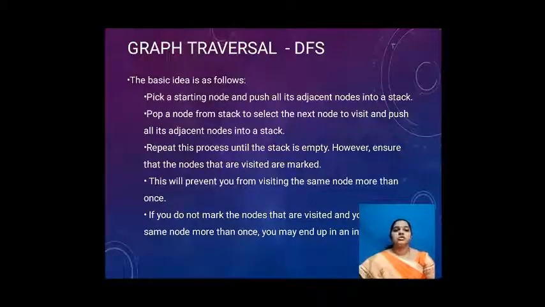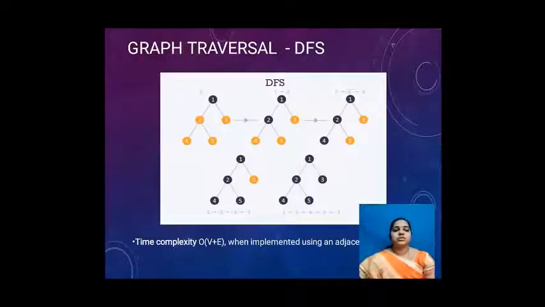Repeat this process until the stack is empty. We already know that a stack is a last in first out data structure. This will prevent visiting the same node more than once. If you do not mark the nodes as visited, and visit the same node more than once, you may end up in an infinite recursion.